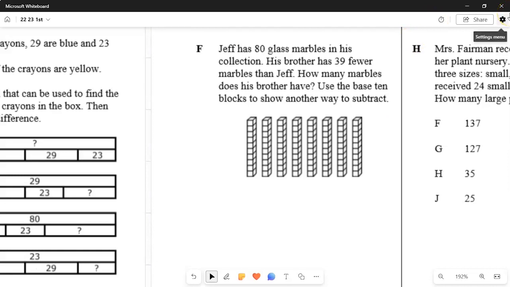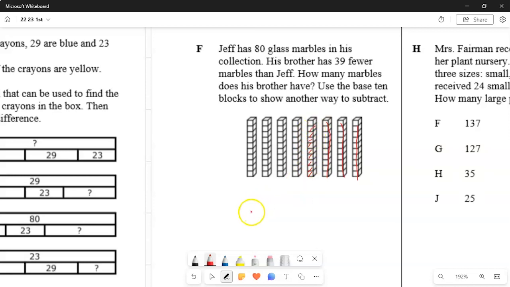Okay, so in reality, I could just go ahead and subtract 39 just by lining through the base 10 blocks. I like to use red when I subtract, so that'd be 10, 20, 30, and then really just take away 1, 2, 3, 4, 5, 6, 7, 8, 9.